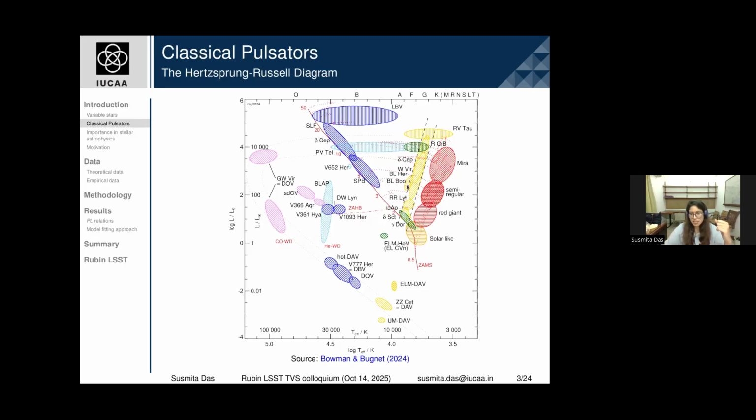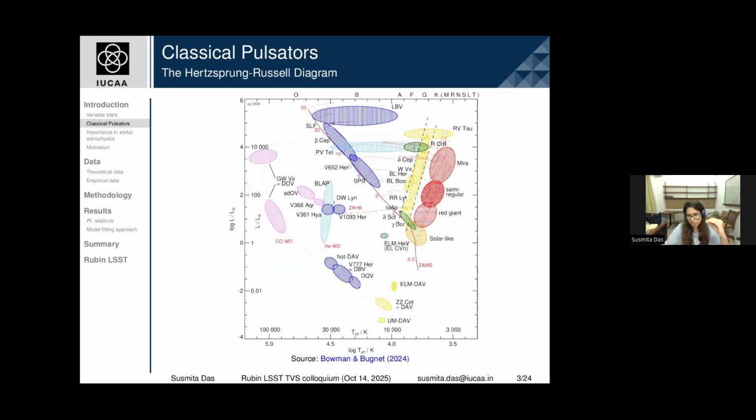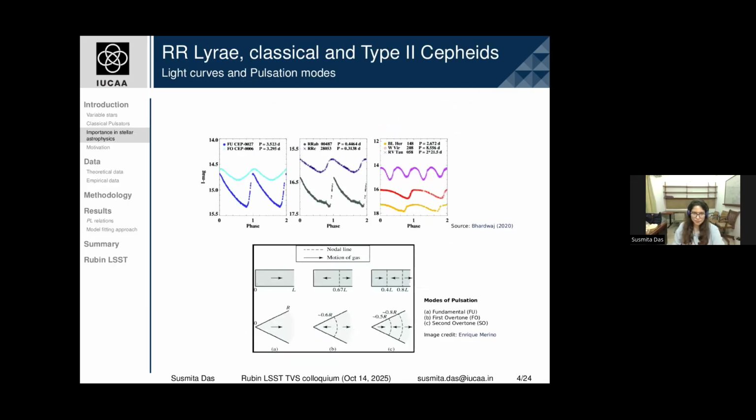Now, the similarity among all of these is that they are driven by the same cause of pulsation. That is the kappa mechanism that drives the pulsation in these stars. And all of these, the ones that lie within the classical instability strip, follow what is called the period-luminosity relation, which we will look at a couple of slides later.